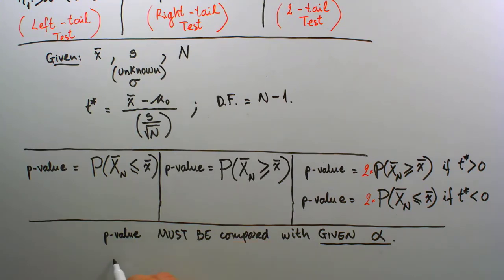So if the p-value is less than the significance level given, then as we have seen through the examples, that leads to having strong evidence.